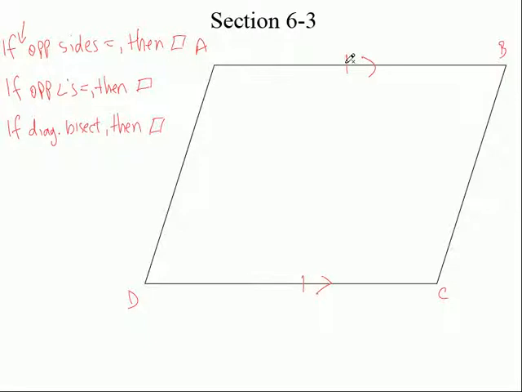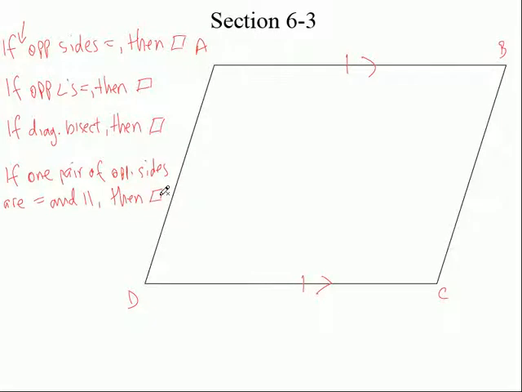So how would I want to say it? If one pair of opposite sides, I'll write this whole thing out, are equal and, not congruent, and parallel, then guess what's true about this thing?